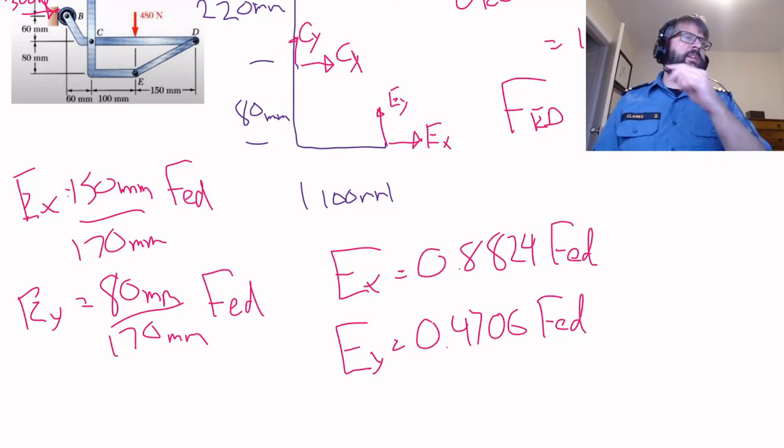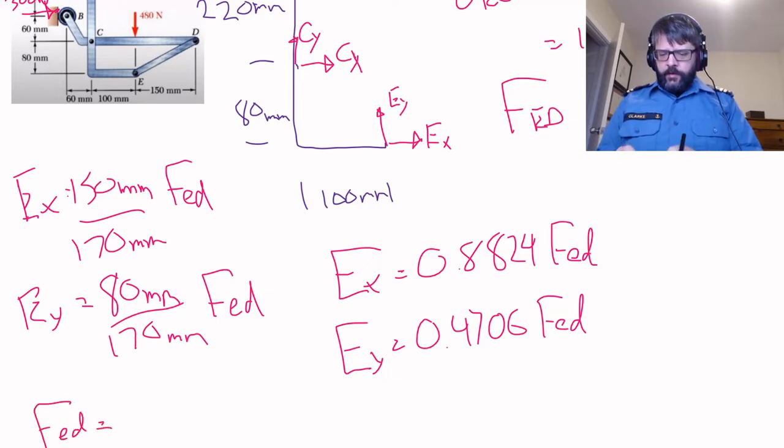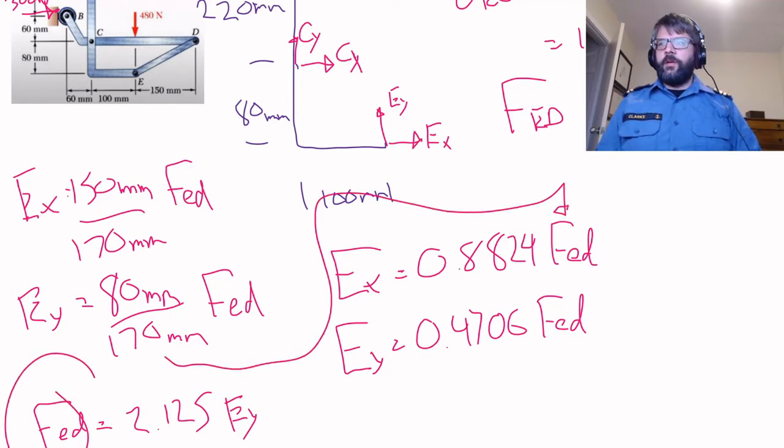So I'm just going to take that EY and plug it in, solving for FED in terms of EY. One over that gives us 2.125 EY. So then I can just plug this into here.